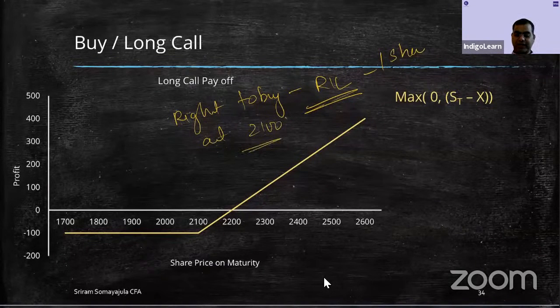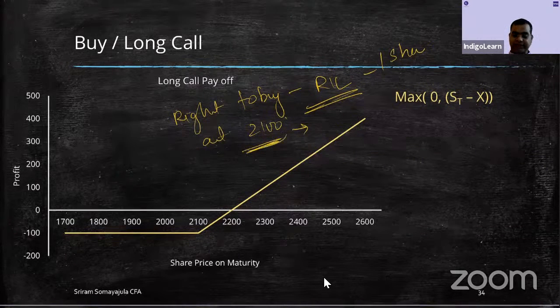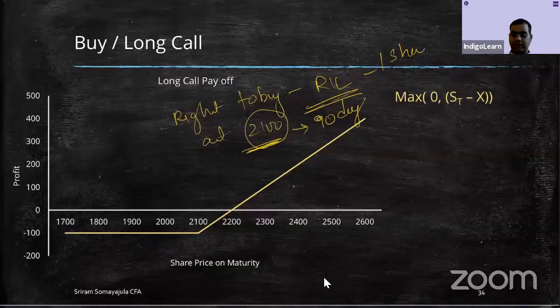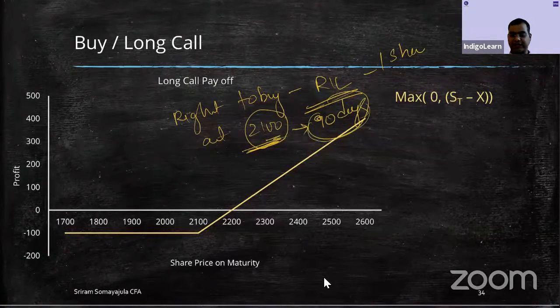I have a right to buy an RIL share at 2,100. And in order to have this right, that is, I want to buy this at 2,100 after 3 months, after 90 days. Okay, I am entering into a contract with you to buy one share of RIL at 2,100 after 90 days.